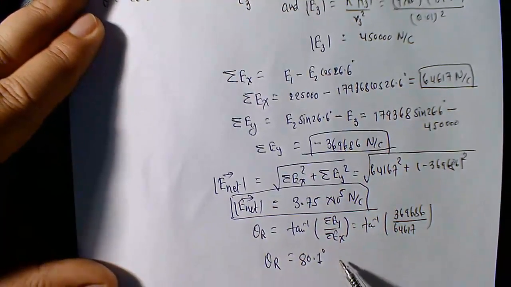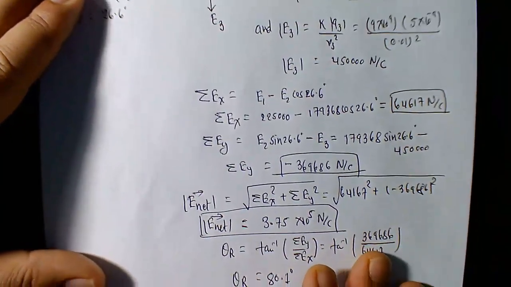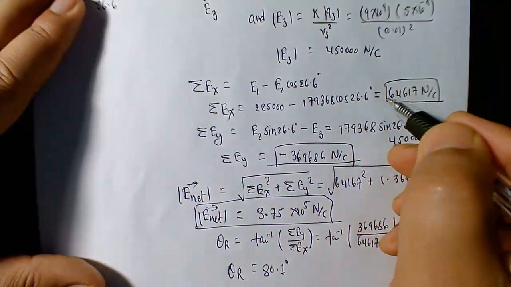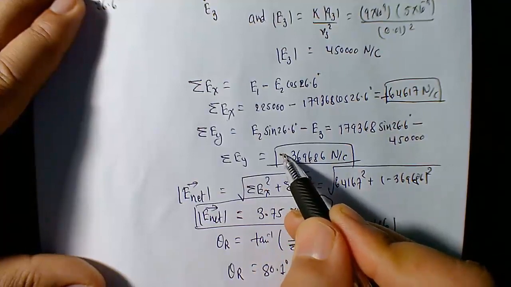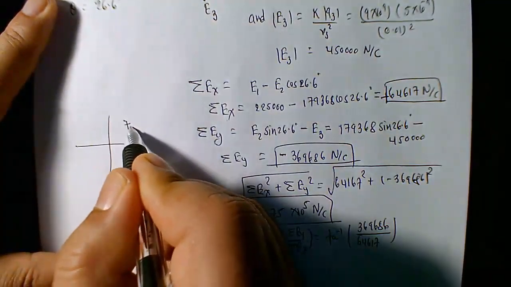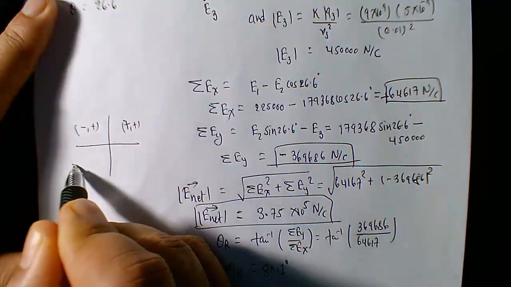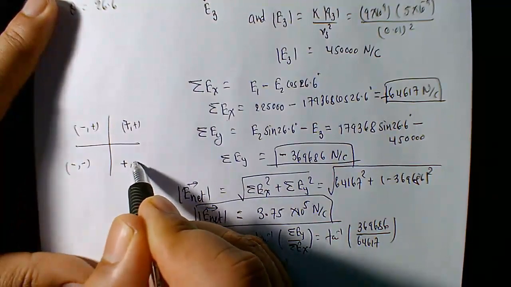And what's the quadrant? You have to mention the quadrant. To mention the quadrant, you have to see the components. The sum of the x component is positive, and the sum of the y component is negative. If you check the quadrants: first all positive, second negative positive, third negative negative, fourth positive negative.